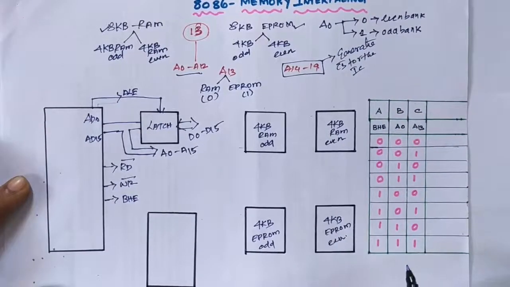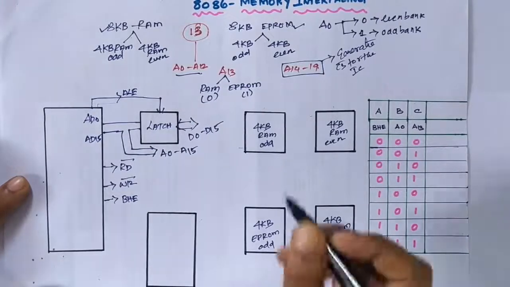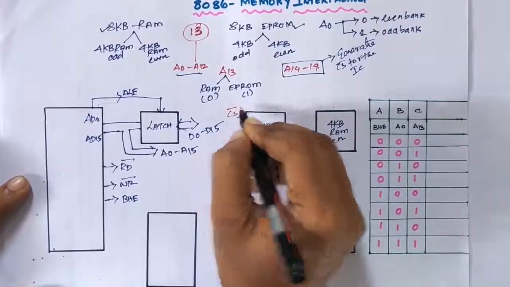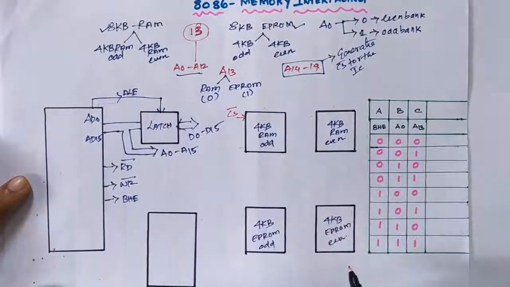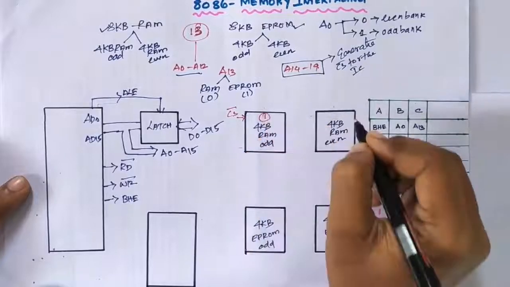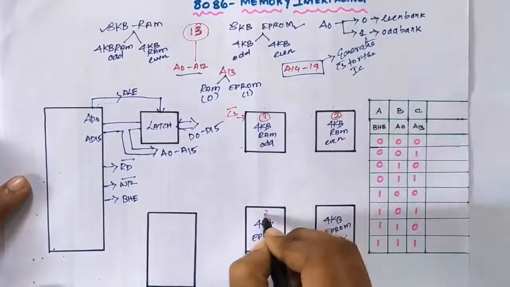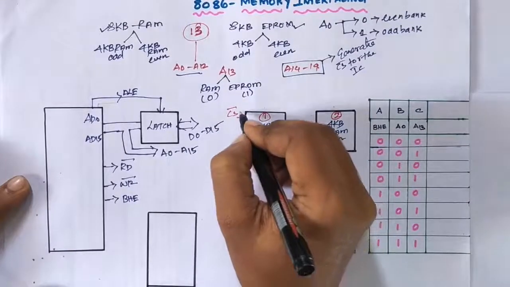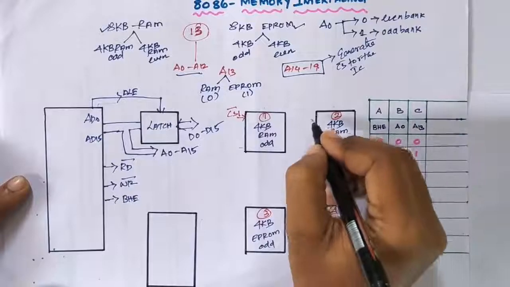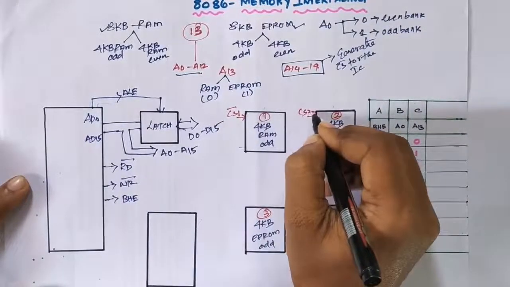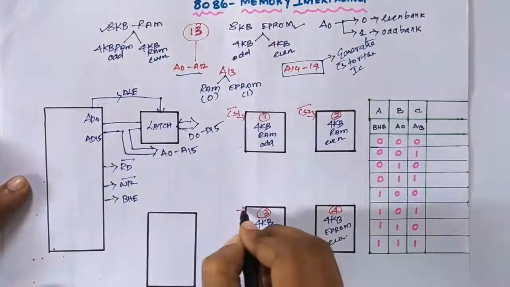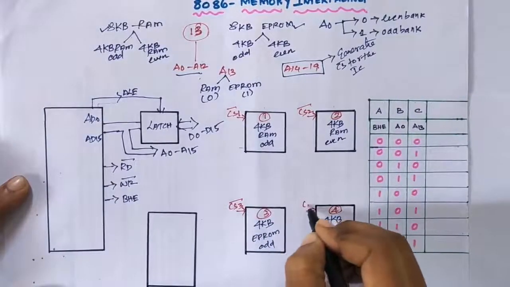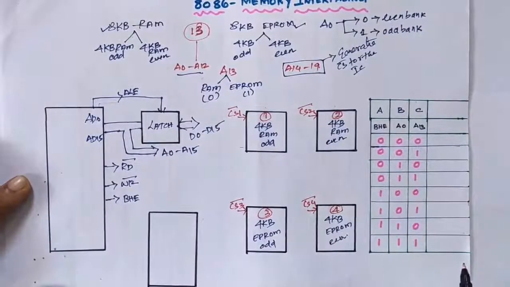To activate the individual memory chip, each memory chip contains its own CS bar signal. For easy understanding, we name the ICs as IC number 1, IC number 2, IC number 3 and IC number 4. According to that, this is CS bar 1 for IC number 1, CS bar 2 for IC number 2, CS bar 3 for IC number 3, and CS bar 4 for IC number 4.